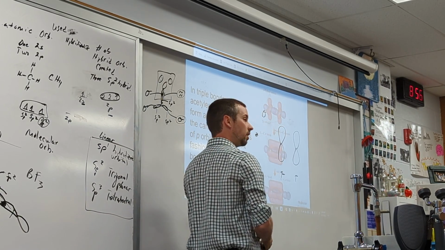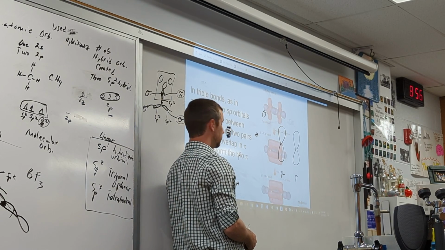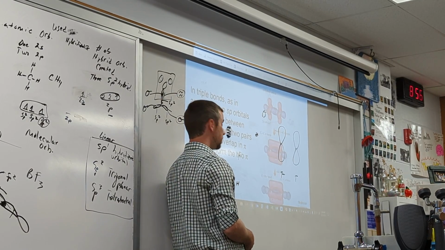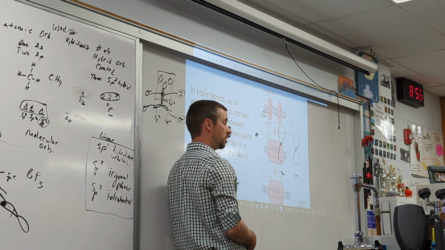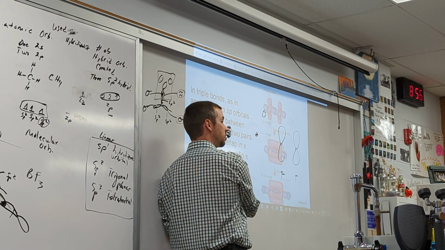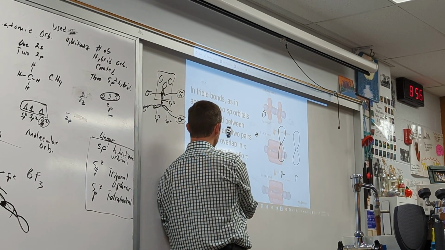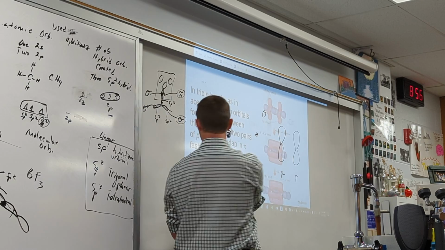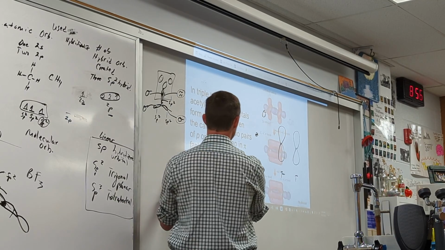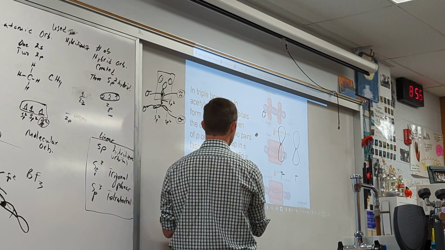What is the electron pair geometry here? Linear, trigonal planar, tetrahedral, and it's linear. You have one region, two regions. So what's the hybridization here? Okay. If it's linear, it's got to be SP. So this is SP hybridized.